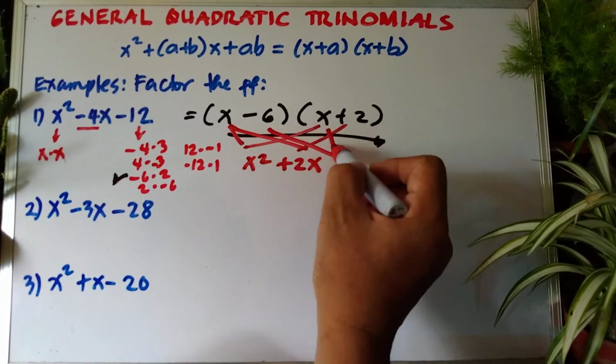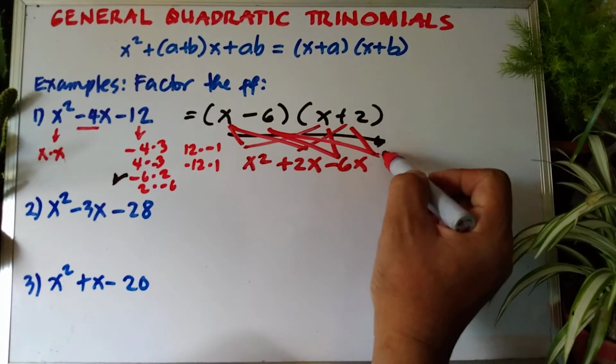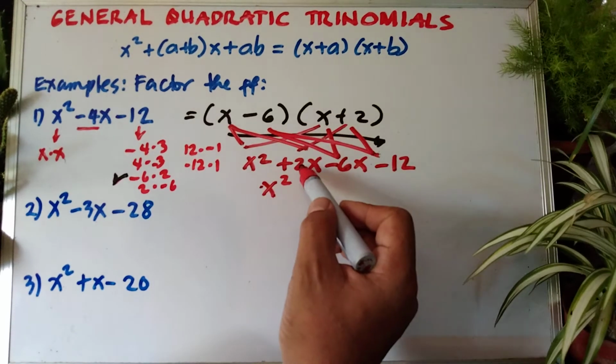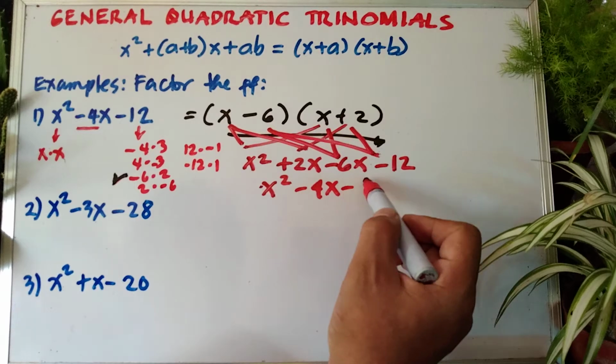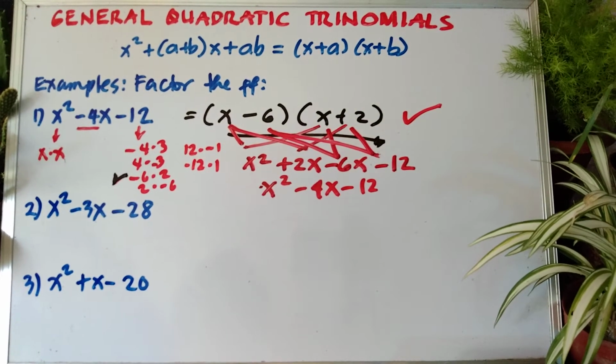Negative 6 times x, negative 6x. Negative 6 times positive 2, you have negative 12. So you copy x squared. 2x minus 6x, that is negative 4x. You copy minus 12. So we are correct. Did you get it?